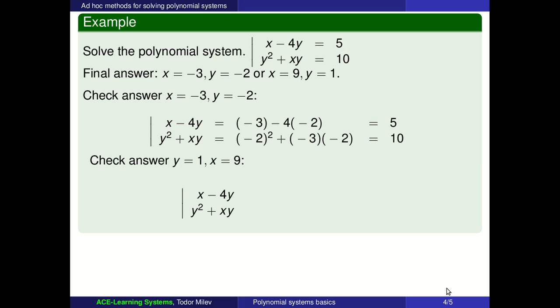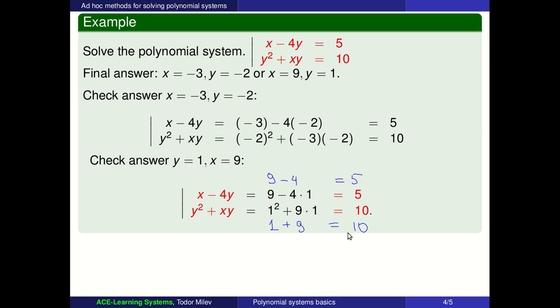Similarly, let's check the answer: y equals 1, x equal to 9. So let me replace x with 9, and let me replace y with 1. So what do I get here? I get 9 minus 4 times 1, so I get 9 minus 4, which is equal to 5. Here I'm getting 1 plus 9, which is equal to 10.